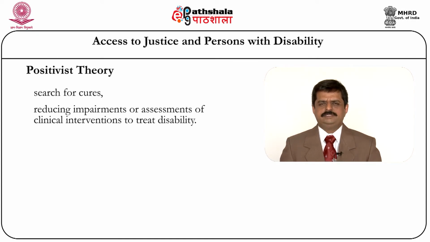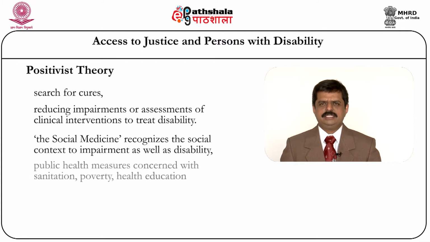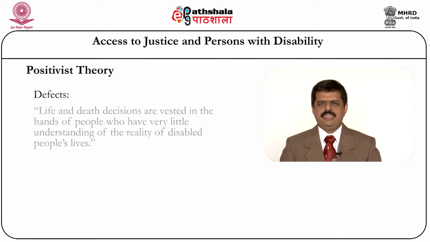They have also developed social medicine, wherein the chances of disability can be prevented. That is the positivist theory, where they look into positive action in addressing the disabled person. But the major defect with this system is that the life and death decision of a person is decided by somebody else.